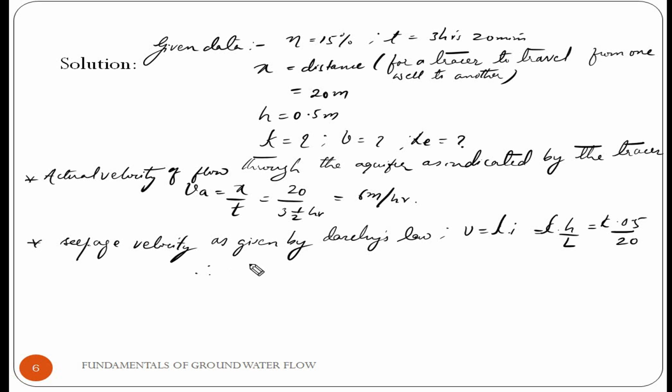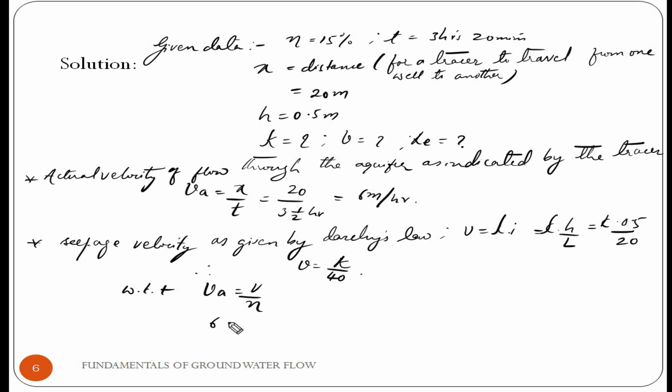Therefore, V is equal to K divided by 40. So here we know that Va is equal to V by n.